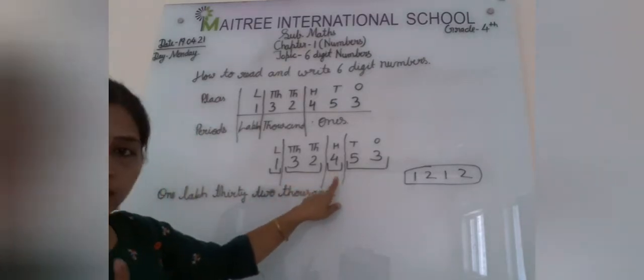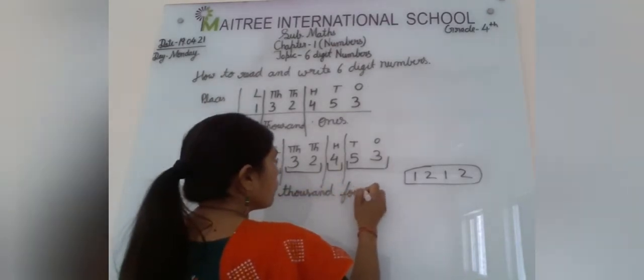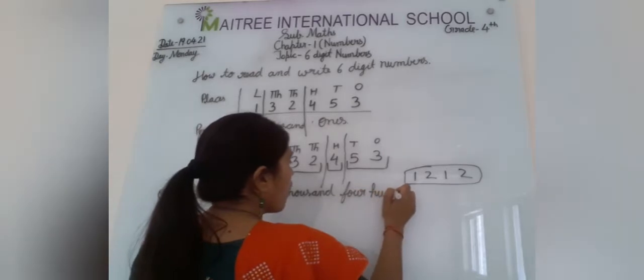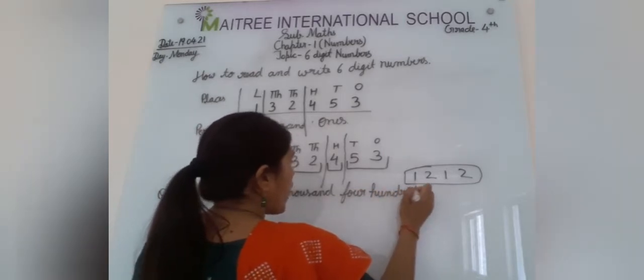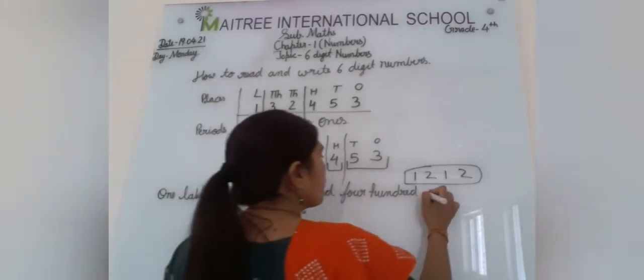Now we'll read this number single: 400. And these two numbers together: 53.